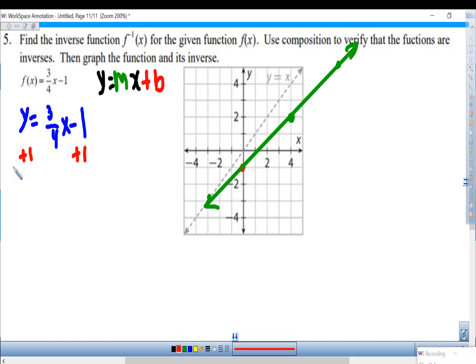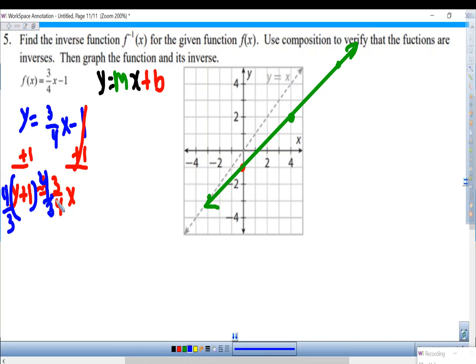That is correct. We're left with y plus 1 equals 3/4 x. Jessica, next. So 3/4 is multiplying. So to get rid of it, we need to multiply times its reciprocal, which is 4/3 to both sides, times 4/3.